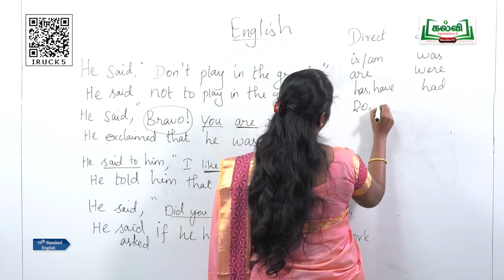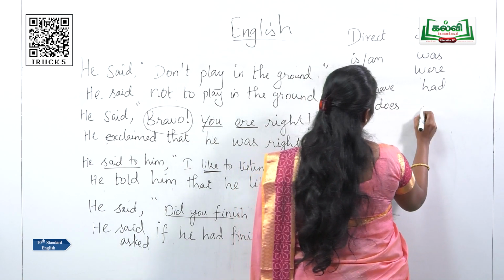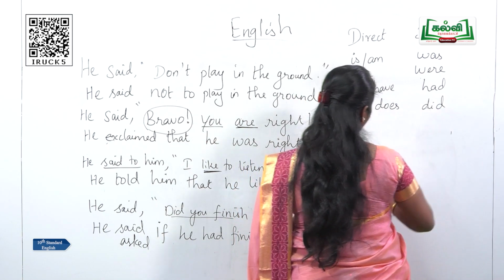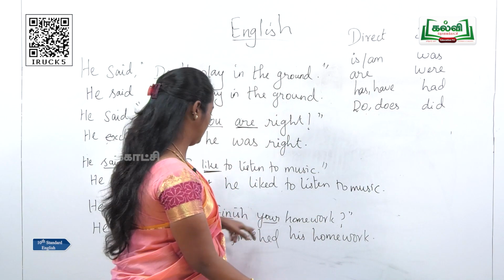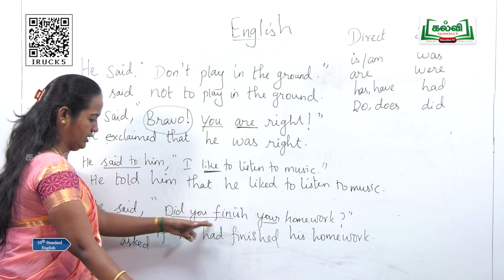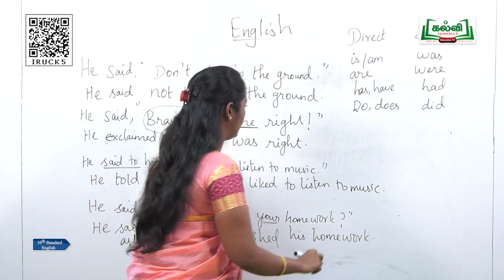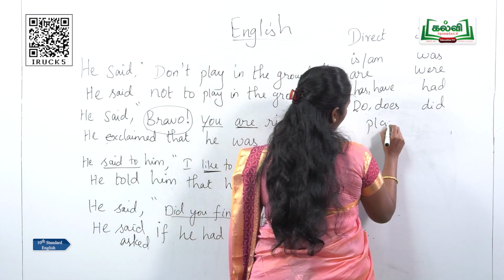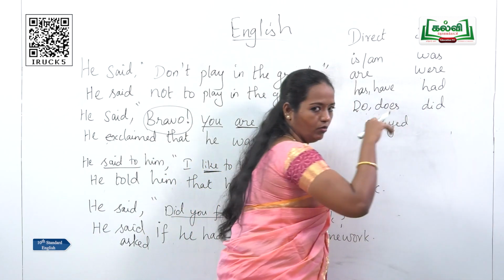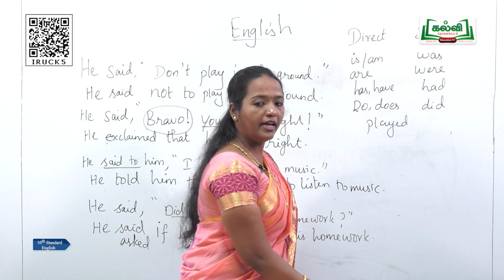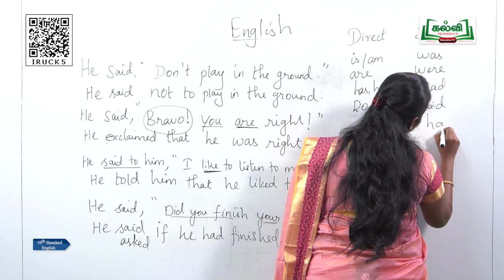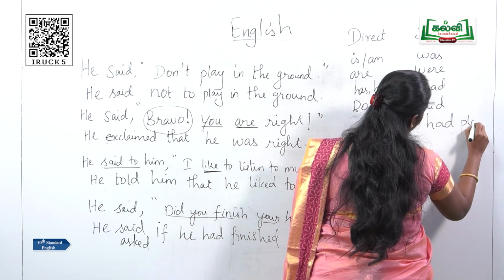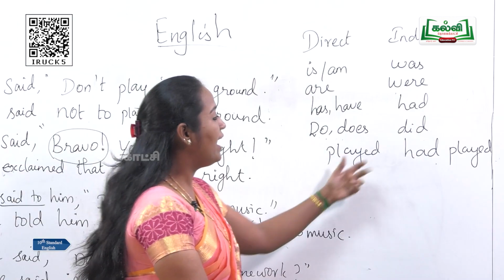And do and does becomes did. And if you have a verb which is already in past tense, like we have seen in the fourth sentence, this is already in past tense, right? So like played, they've given you played. I played in the ground. So that is the sentence in direct speech. So in that case, you will have to add had. Had played.